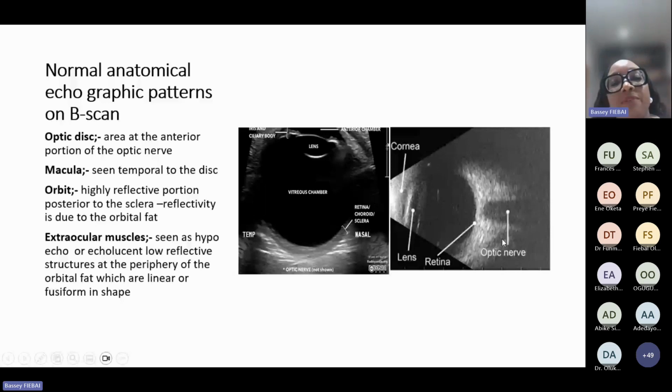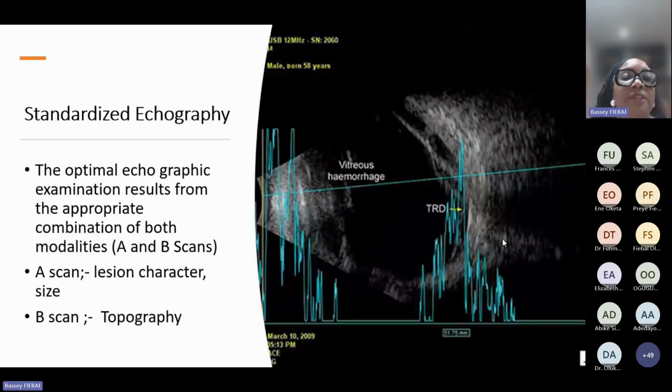So standardized echography is the best way to report or study your echogram. So the optimal echographic examination results from the appropriate combination of both modalities, that's the A-scan and the B-scan. So when you see an echogram, you must quickly look for the A-scan vector, or the A-scan spike that has been superimposed on the B-scan one, so that you can interpret your pathology well.